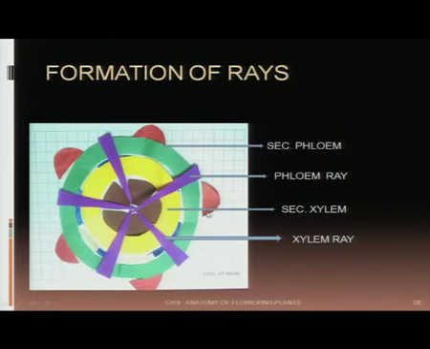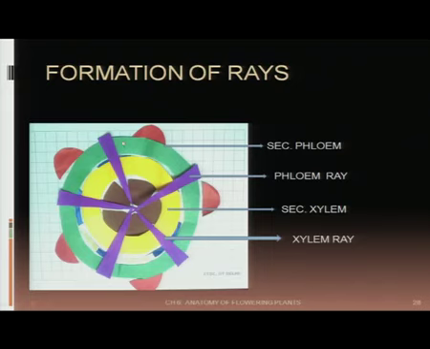Afterwards, when the secondary growth has occurred, we see that some secondary phloem has been formed, and because of this the primary phloem has been pushed outside. The cambial ring is still there and it is followed by the secondary xylem which has been newly formed, and the primary xylem is also there, but it has been pushed towards inside.